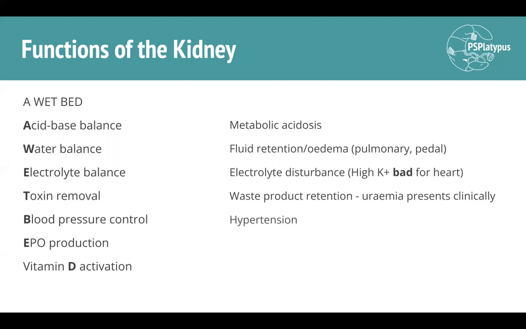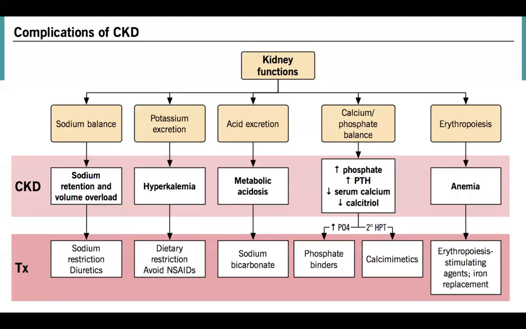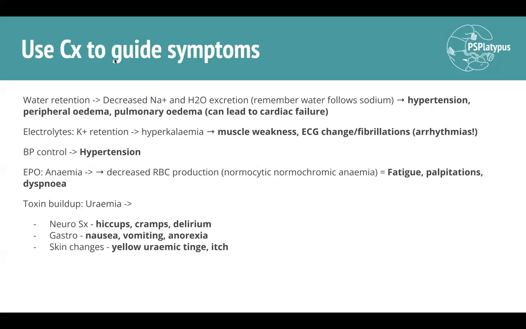Blood pressure control, hypertension, EPO production. So EPO is your precursor for red blood cells. If that gets damaged, you get anemia, and vitamin D activation, as we all know, leads to bone disease. And this is just an overview chart of all the different complications of CKD based on the kidney functions.